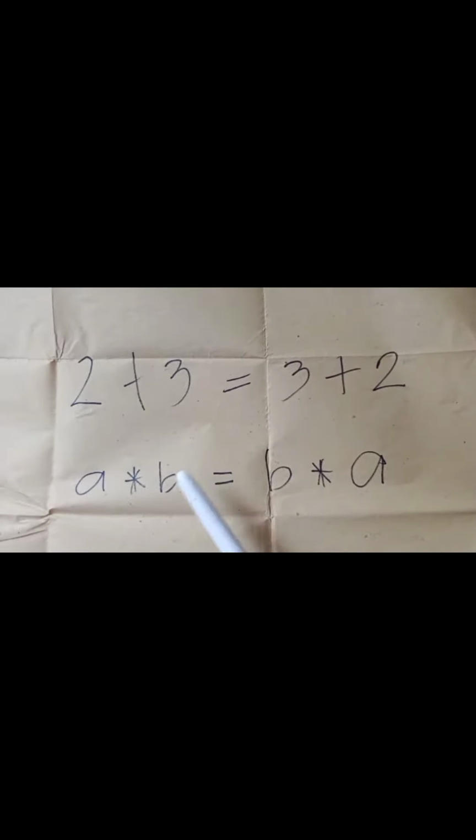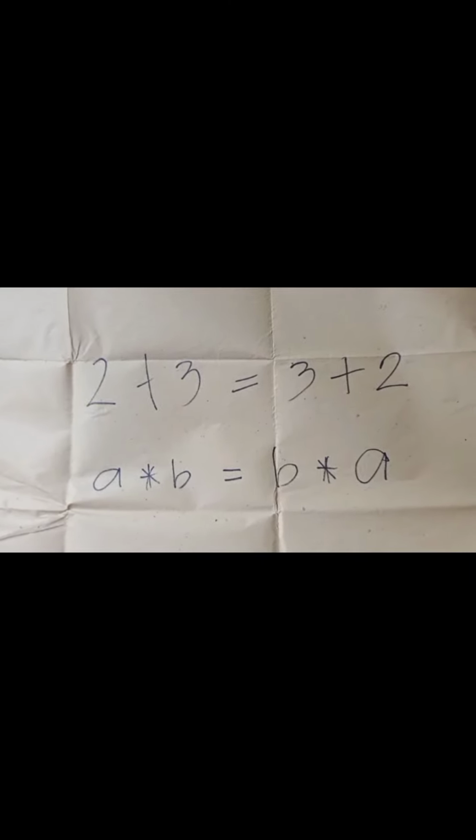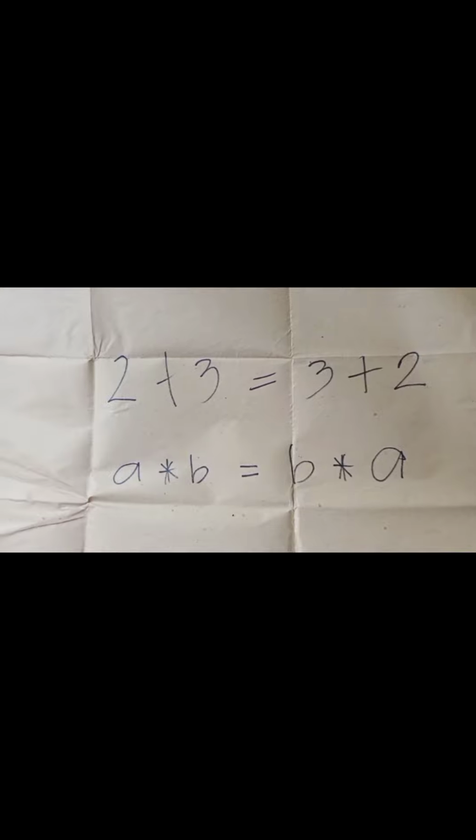In general, this becomes A star B equals B star A. This property does not hold for all binary operations. For example, matrix multiplication and quaternion multiplication are both non-commutative. So, for example, 4 plus 5 gives 9. 5 plus 4 also gives 9. So, even though there's a movement in the numbers, it still gives the same answer, which is 9.